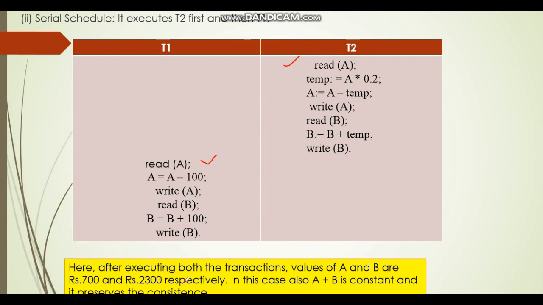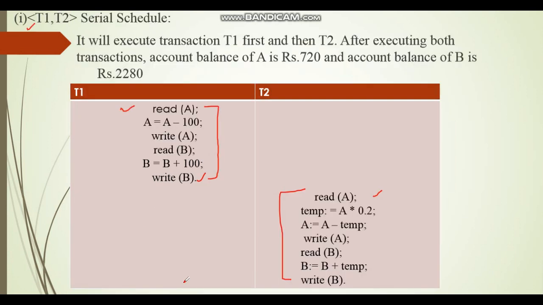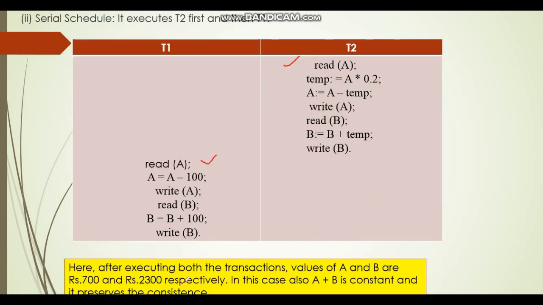In this case also, A plus B is constant and it preserves consistency. Before the transaction, whatever the sum of A and B was, the same sum we must get at the end. So both examples preserve consistency.